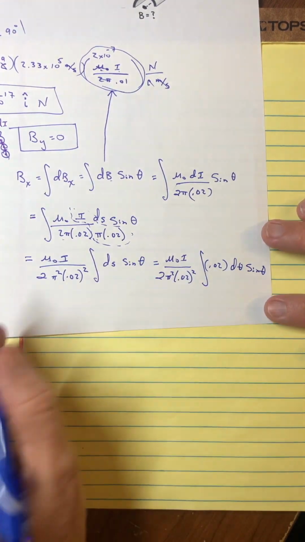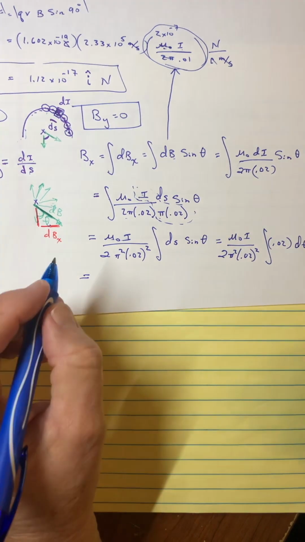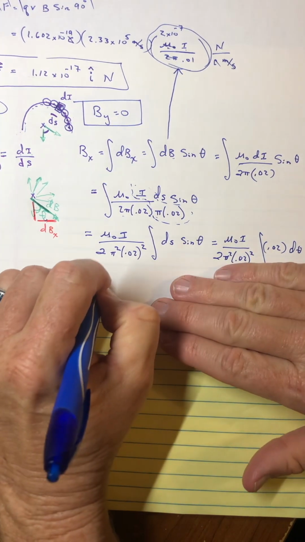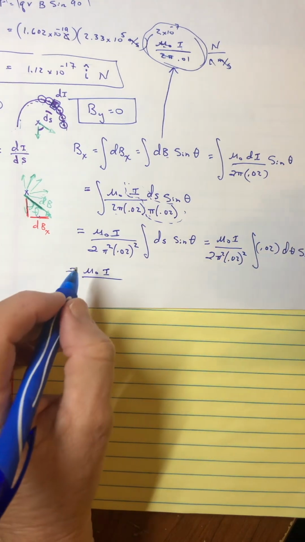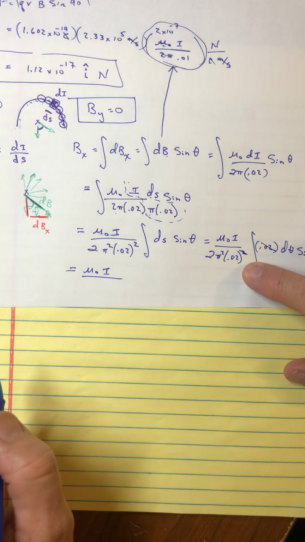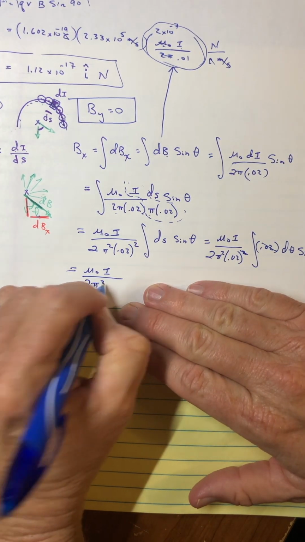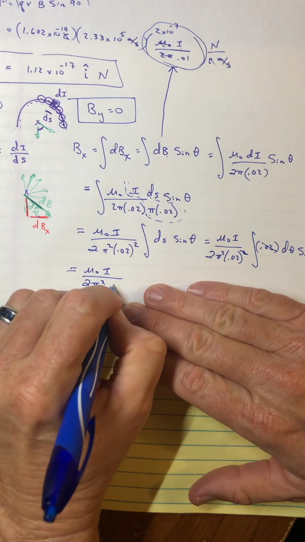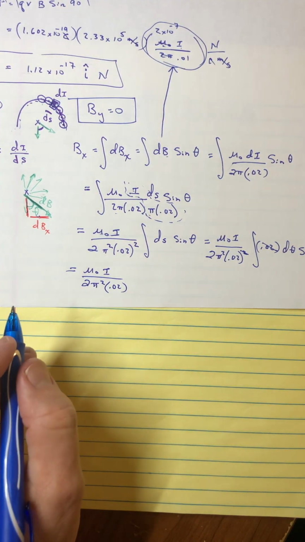And now we've got a very easy integral to do. And so this is mu naught I, and I'm just going to take that 0.02 and cancel with one down there. So this will be 2 pi squared, and we'll still have one of the radii downstairs.